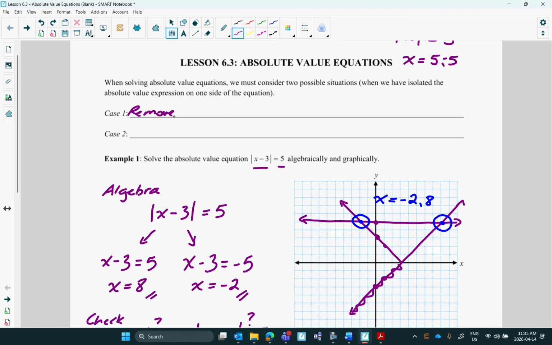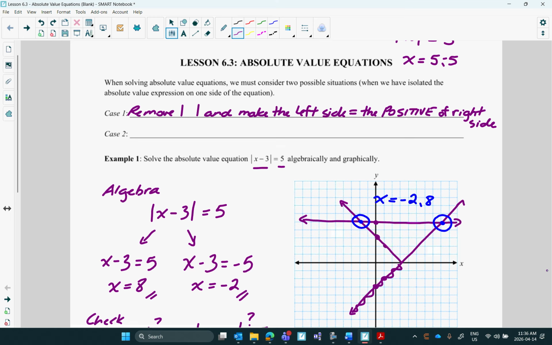We remove the absolute value bars, and make the left side equal the positive of the right side. So we did this.